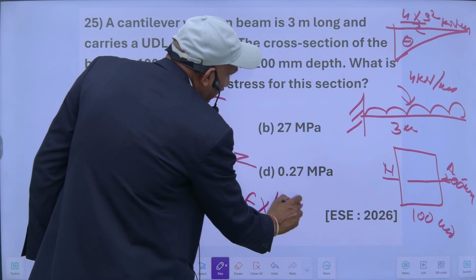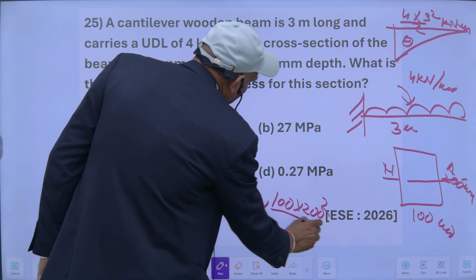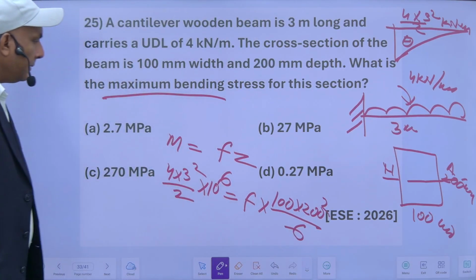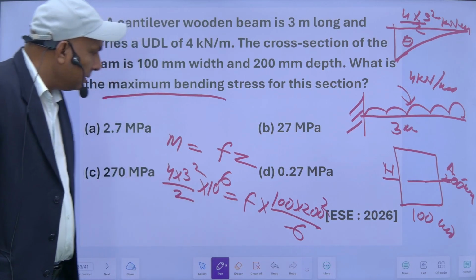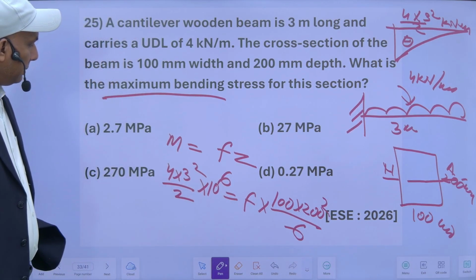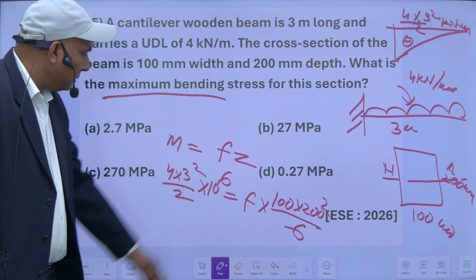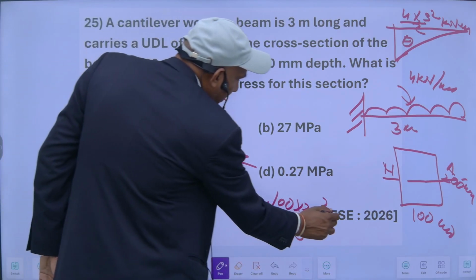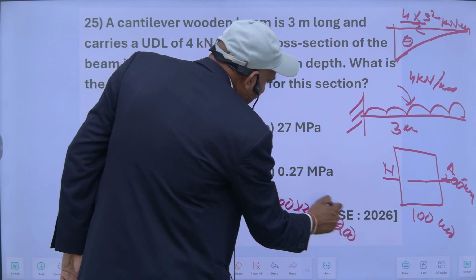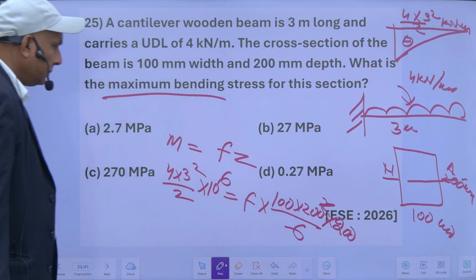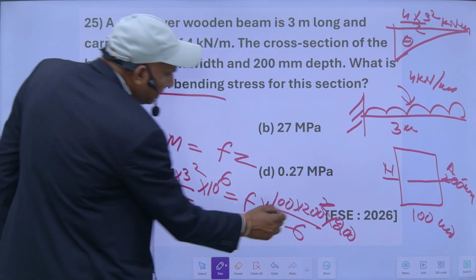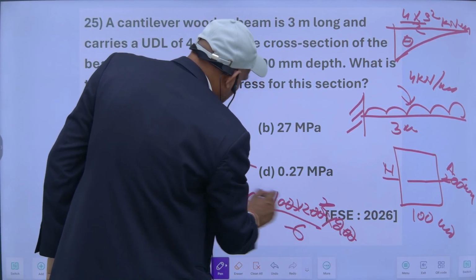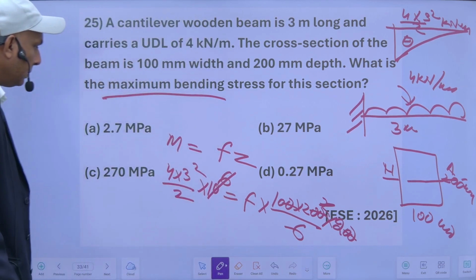B into D square upon 6. With this I can calculate my F. So this will be 200 into 200, I say. So this and this will cancel.